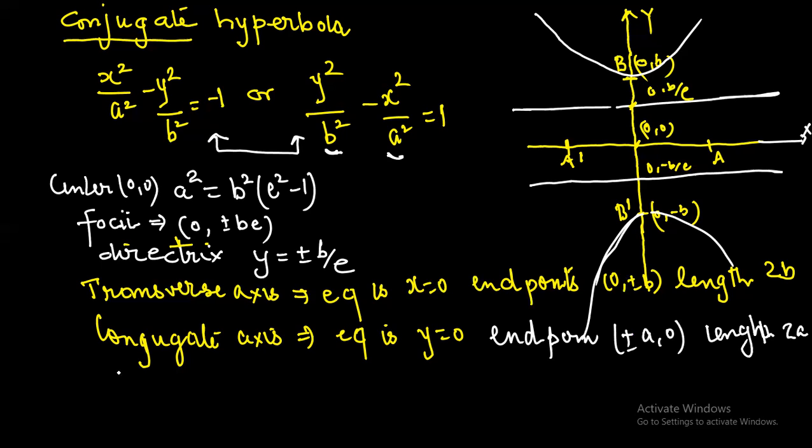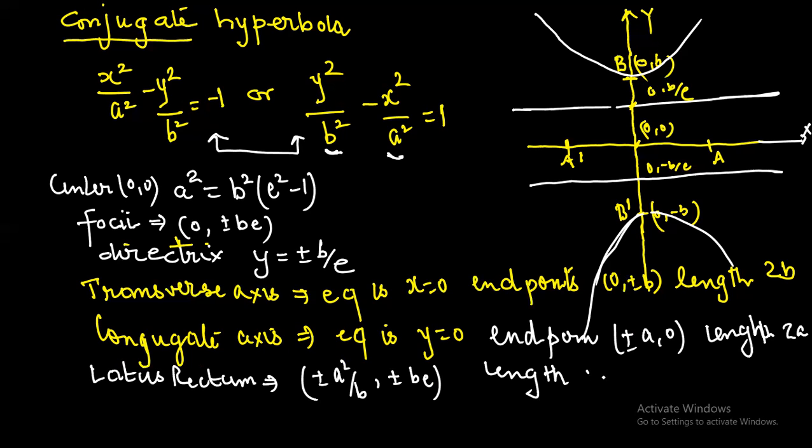Now latus rectum. Latus rectum, as in the ellipse, it will be the same, plus minus a square by b comma plus minus b. Length will be equal to 2a square by b. If you want to write the equation, then it becomes y is equal to plus minus b.